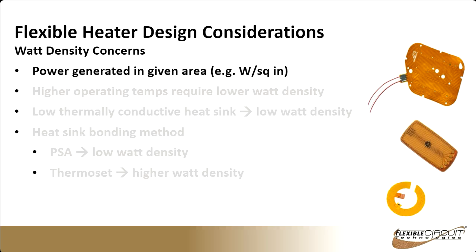The one on the welding table would probably barely be discernible as far as the amount of heat it's putting out. So you can have different applications. The application really drives how much watt density you can have and how much you need for what you're trying to heat.